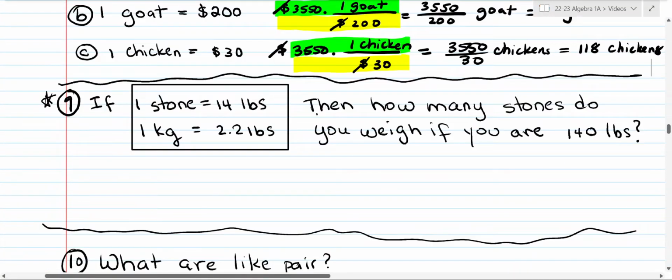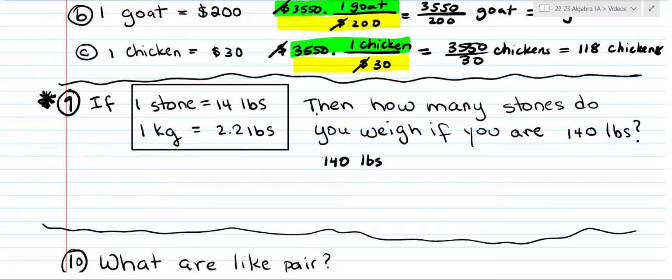I think here when I was trying to change the problem so that it wouldn't be exactly like the one on the test, I kind of messed it up, but here we go. How many stones do you weigh if you're 140 pounds? Well, you start off with 140 pounds, right? And can we go from pounds to stones? Yes, yes we can.